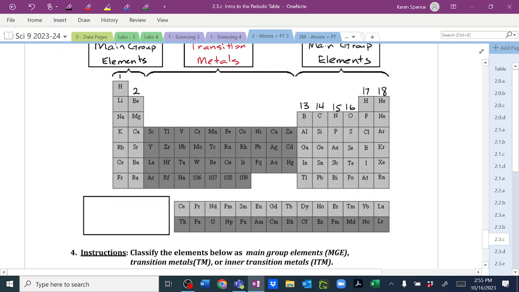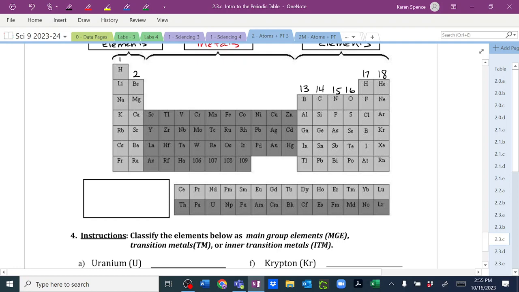And then finally, down at the bottom, the lanthanides and actinides are known as the inner, and again, this is going to be a black diamond, inner transition metals. Yeah, a lot of it's radioactive down there. I mean, there's some radioactive stuff up in the main body of the periodic table too when you get down into row 7 and stuff.